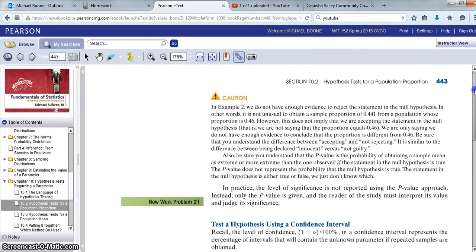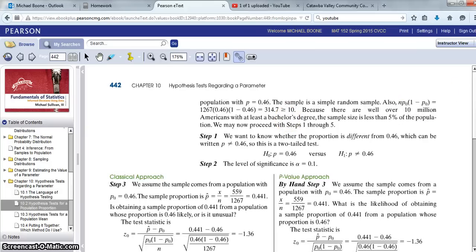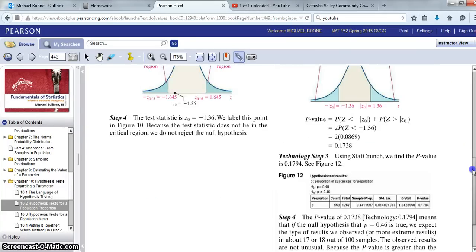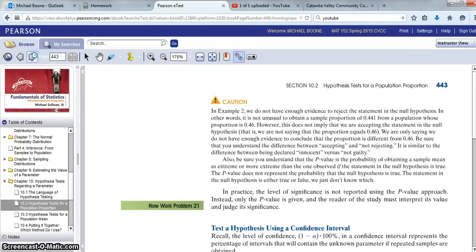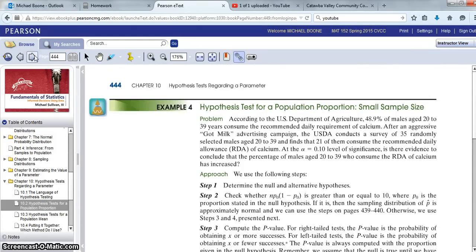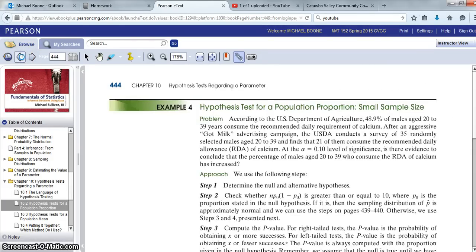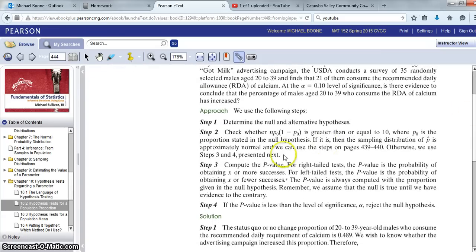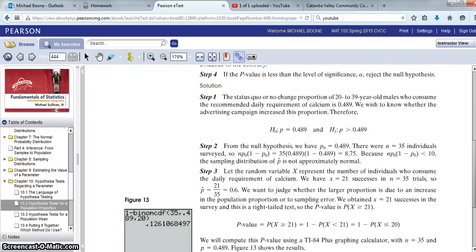Let's see if I can find it in the book. Again, they're always telling us to check.